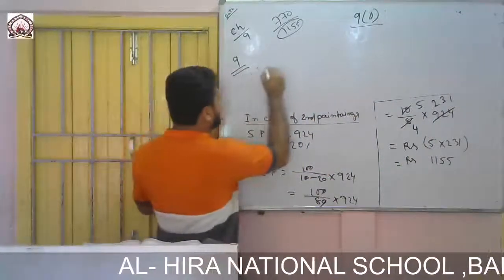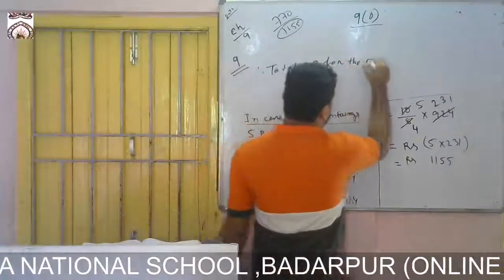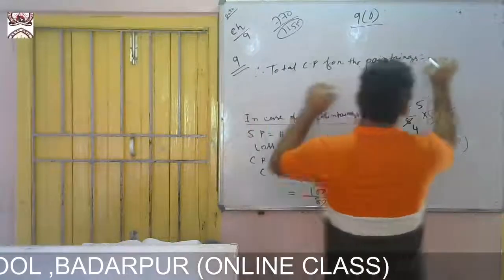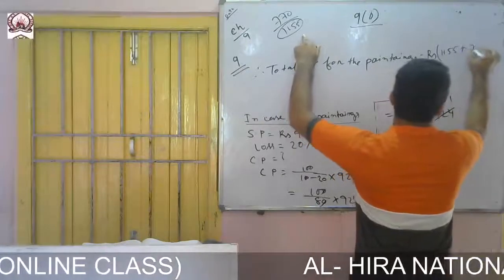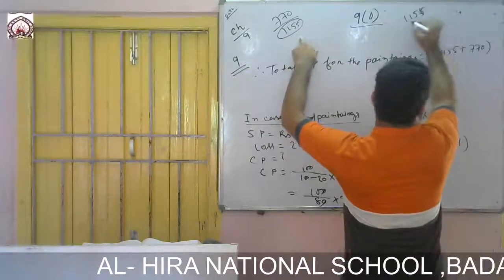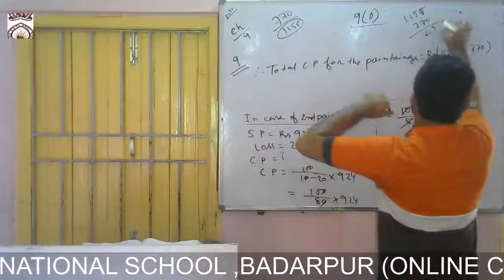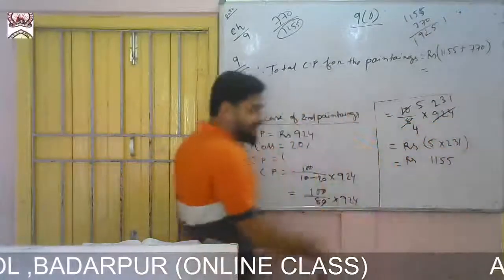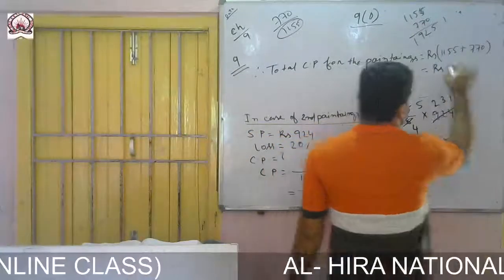Therefore, total CP for the paintings will be the addition of these two: 1155 plus 770. 5 plus 7 is 12, and 1 7 is 8, and 1 is 9, so 1925. So write rupees 1925.